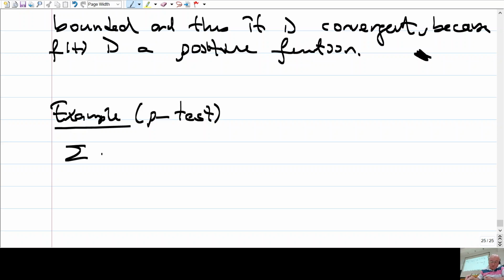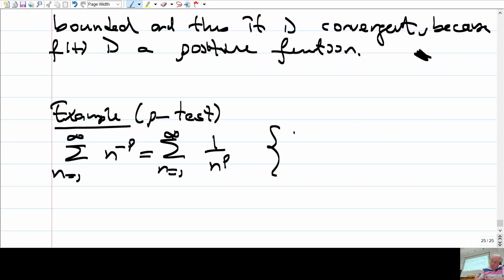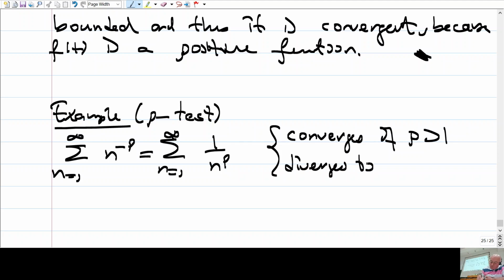So the conclusion is this: the summation from n equals 1 to infinity of n to the power minus p, which is just the summation of 1 over n to the power p, converges if p is greater than 1, and diverges to infinity if p is less than or equal to 1.